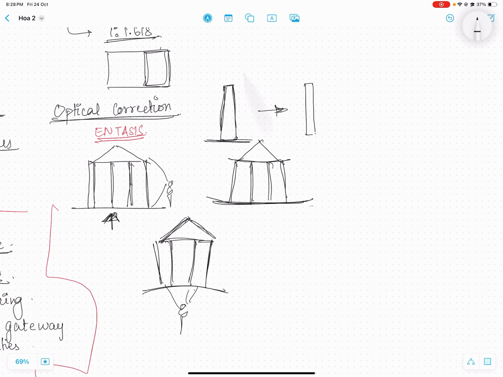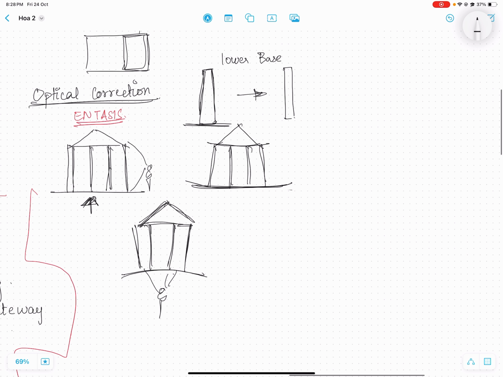So they widened the lower base for it to look straight. And this was Greek. And Roman, what they did is they bulged only the middle part of the column. So if you divide it this way, they use this portion alone to bulge so that it looks straight.